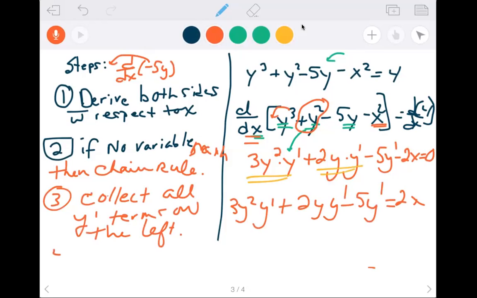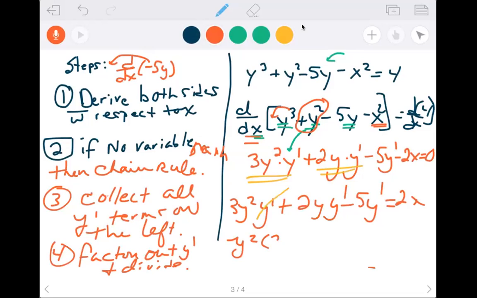Then what we do is factor it out, because remember our goal is to still find dy dx. So don't lose track of that. We're still taking a derivative. I want to know what's y prime. Factor out y prime and divide. So over here on the left, I'll factor out the y prime. I'll take it out of here, leaving a 3y squared.